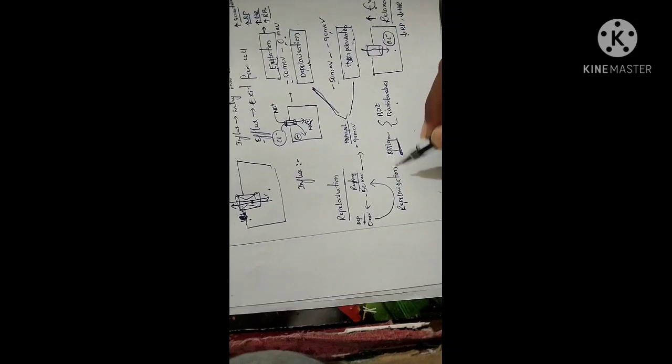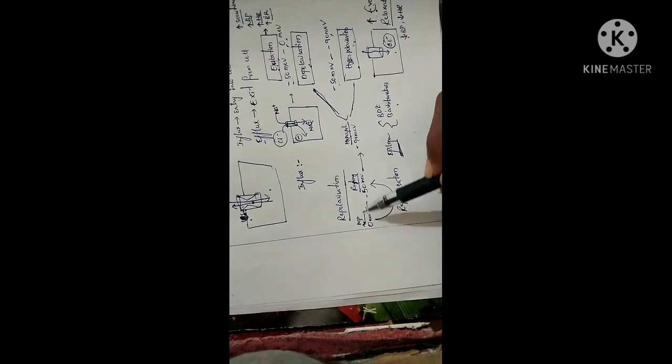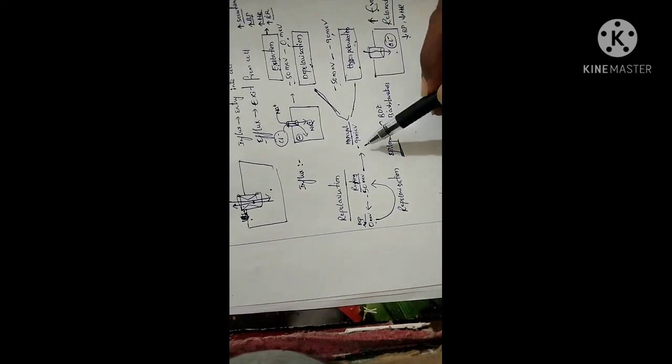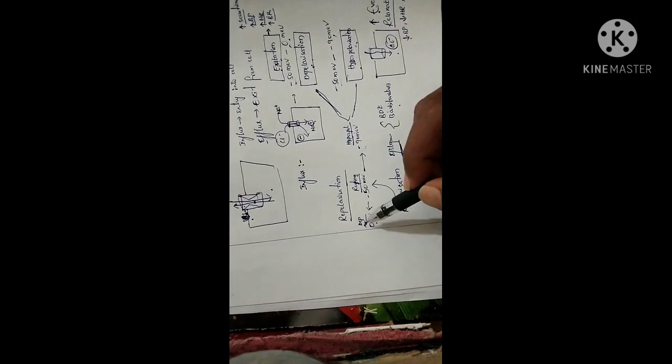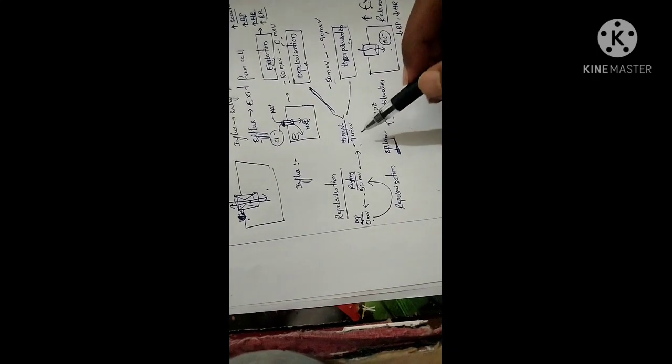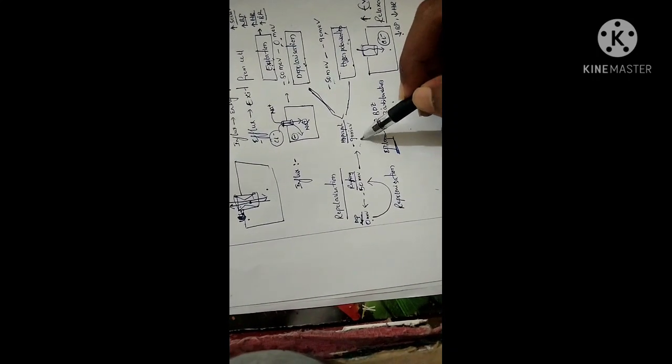Don't get confused between depolarization and hyperpolarization. Depolarization means an increase in positive charge, whereas hyperpolarization means an increase in negative charge within the cell. In depolarization you get excitation, but in hyperpolarization you get relaxation.